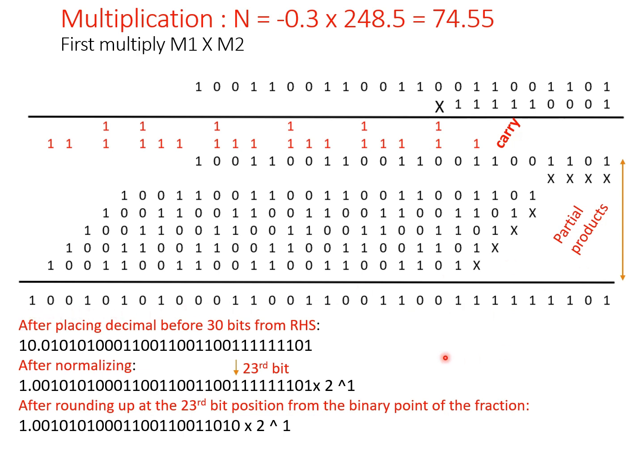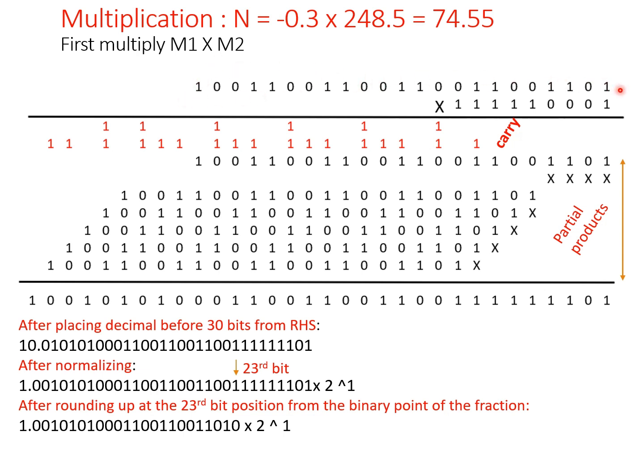So where to put the binary point now? This one should be 23 bits, right? 23 bits, but there was a 0 here, the LSB, that I have ignored here. So here it is taking the hidden one.